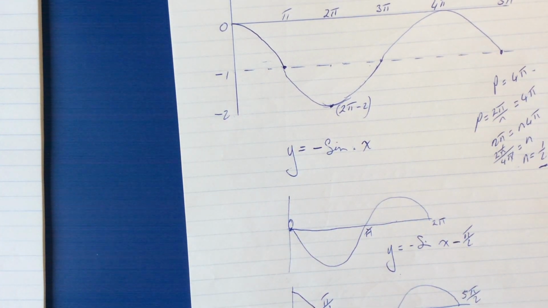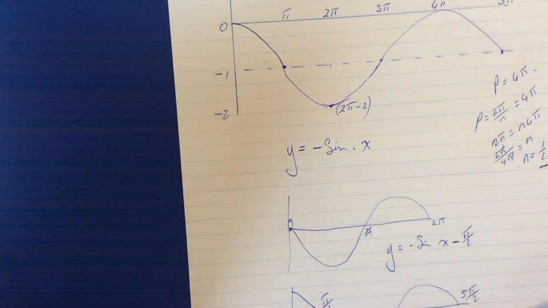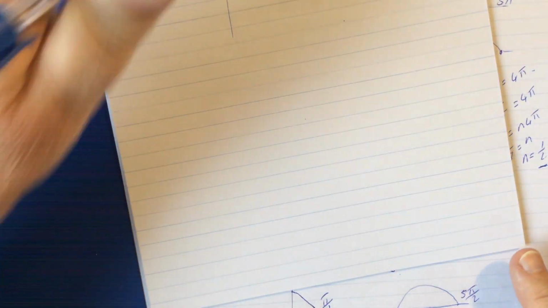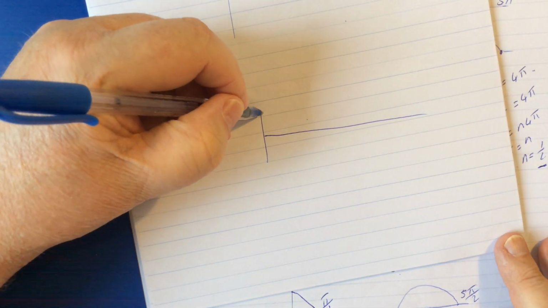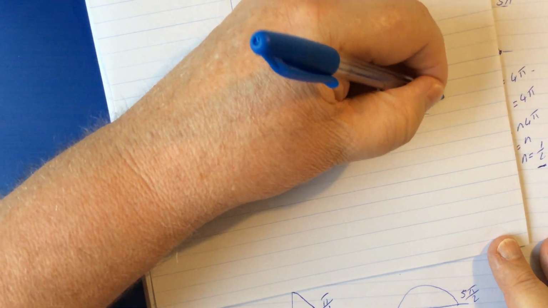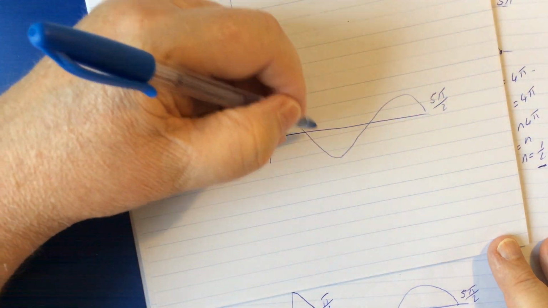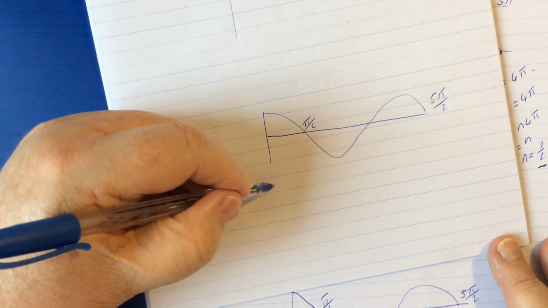Now, what happens if I change the period? Well, what happens is this gets stretched along this axis, and I'll just show you on this piece of paper here what happens. So this is what we've got. We've got 5 pi on 2 here. The critical measurements are pi on 2 and 5 pi on 2.